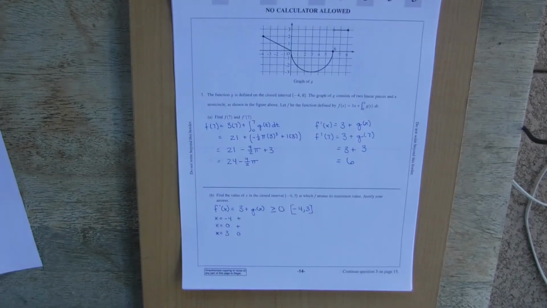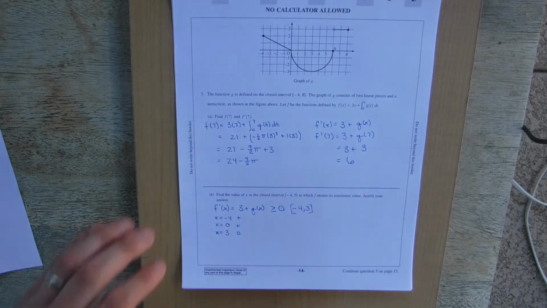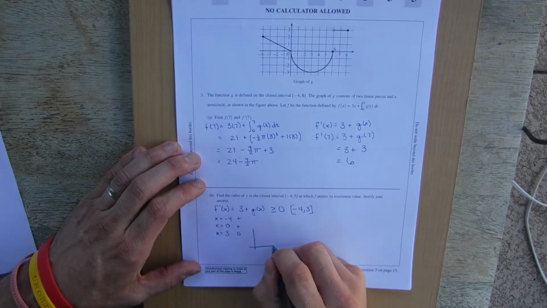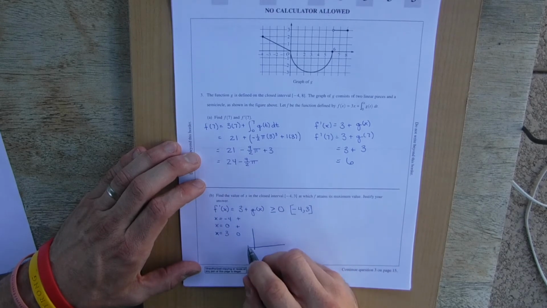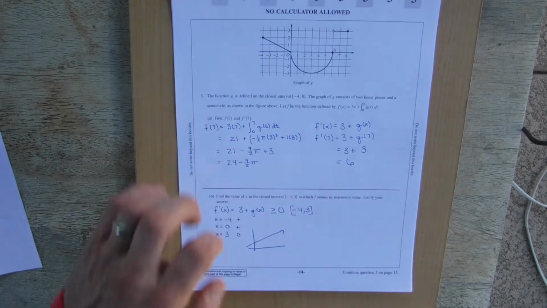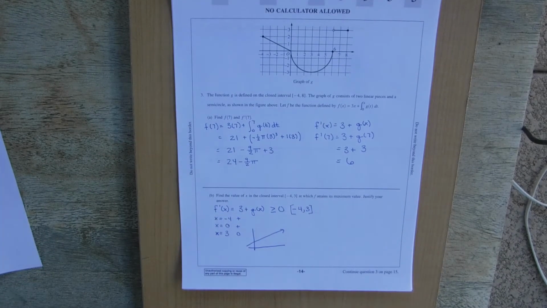Okay, it's greater than or equal to 0. So what that means, in my brain, is that f is exclusively going uphill in the world from negative 4 to 3.